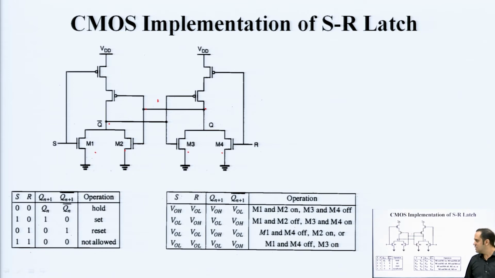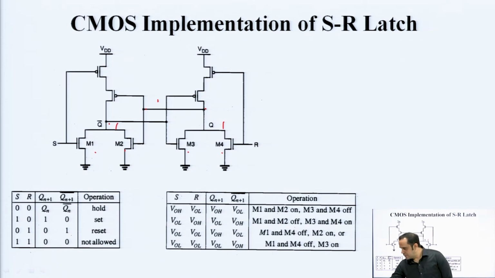In some cases either M2 will be on or M3 will be on. If you had a 1 here initially, M2 will be on. If you have a 1 here initially, then M3 will be on. But M1 and M4 will always remain off. So, depending upon the previous state, one of the transistors, either M2 or M3, is going to be turned on. This is how latching operation is done.